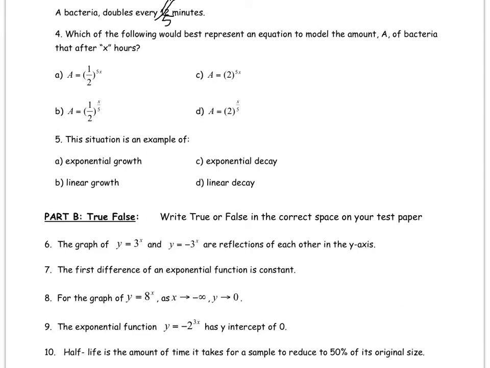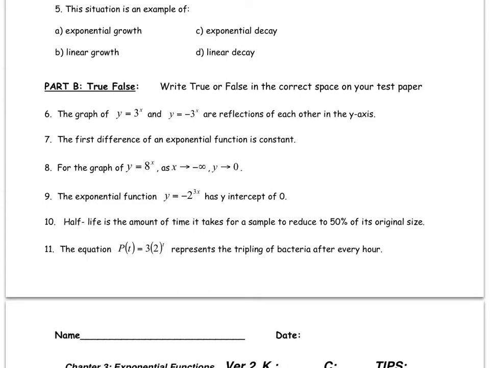As you can see, there is a doubling here, so this one and this one are out, because these are talking about getting halves, but we are doubling here. So it's either C or D, but the doubling time is 5 minutes, so the correct answer is x over 5. Question number 5 says, this is an example of, as you can see, it's doubling, so it's going to be exponential growth, which is going to be A.